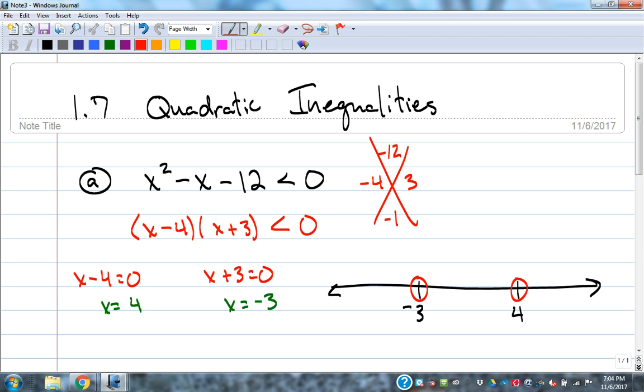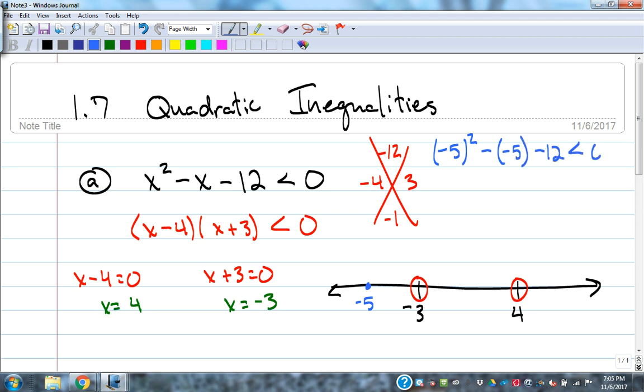So you pick a value to test. I need a number that's less than -3. -5 is a good one. -4 would have worked. You could even use -10. Doesn't matter. Just pick a number that's less than -3 and test it in the inequality. So -5 squared minus -5 minus 12.